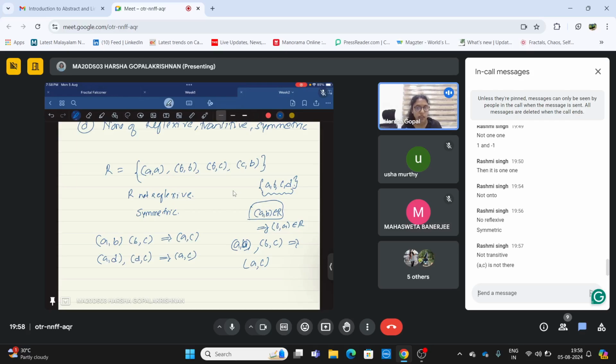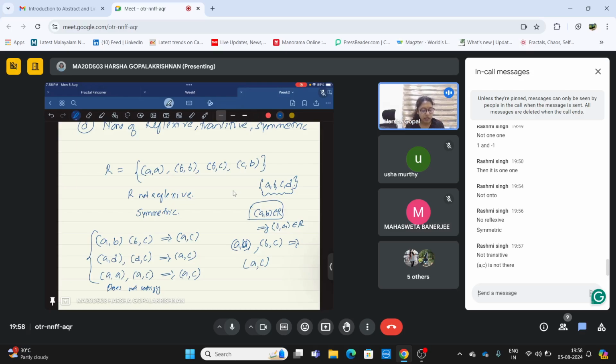If these two exist only, we need to check the third condition, whether AC is there or not. These combinations do not exist here, right?